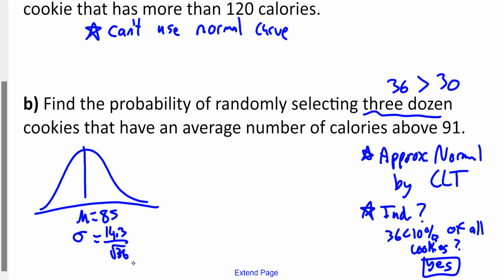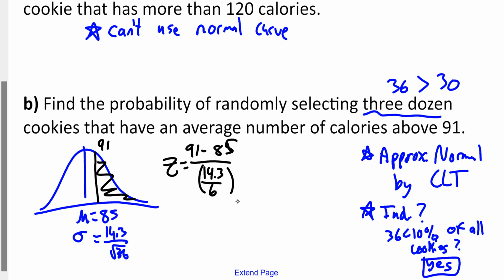So what you can do then is look at average calories above 91. Again, we have a sampling distribution, so that's going to be really gathered around the mean. The z would be 91 minus 85, divided by 14.3 over the square root of 36, which is 6. And then we can go from there. Using your calculator or your z table, you probably get 2.52.